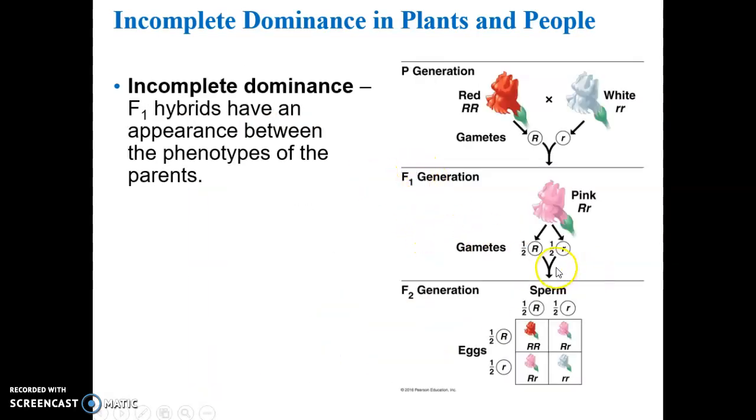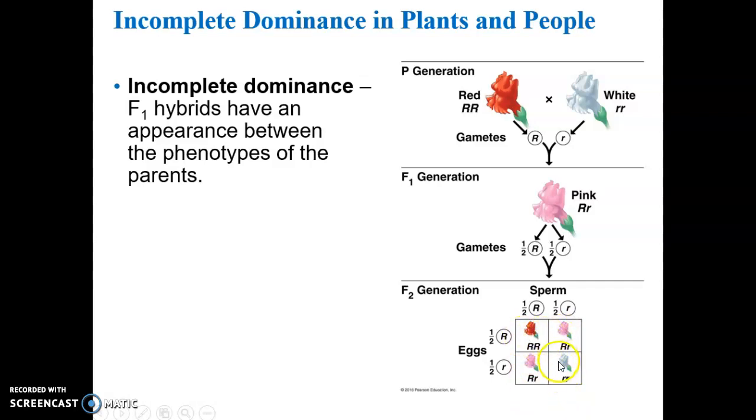Okay. And then if you do an F1 cross, notice that the gametes can contain a capital or lowercase allele, right? A dominant or recessive allele. And then notice the F2 generation. There are their genotypes, but notice the phenotypes.